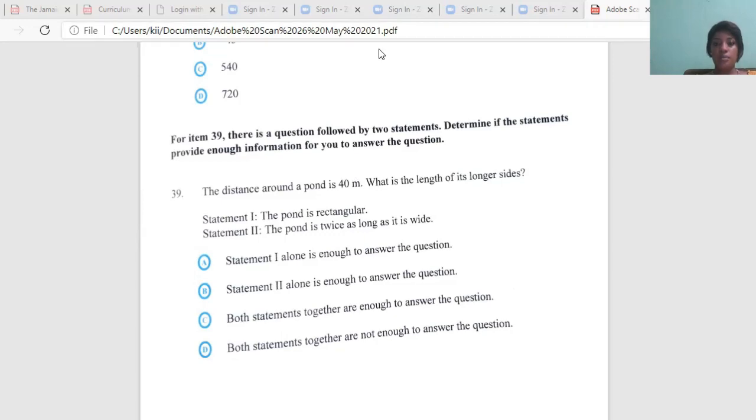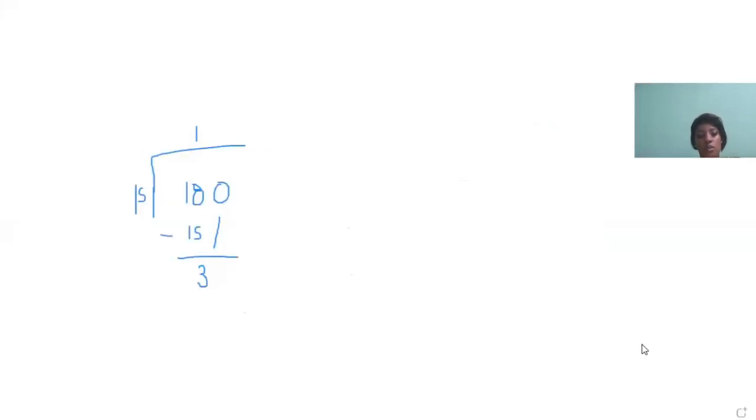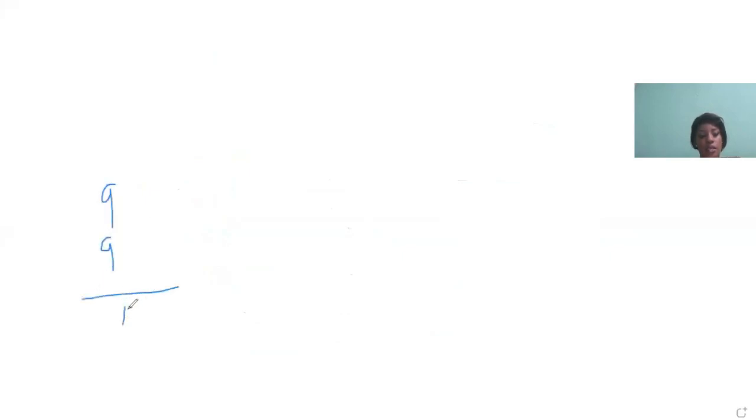So if we have 20 and... I'm going to go to my whiteboard and try some different combinations and see if that works, just to make sure that the statements are enough. So there's 9 plus 9, which is 18. And half of 9, 4.5 and 4.5, is 9.